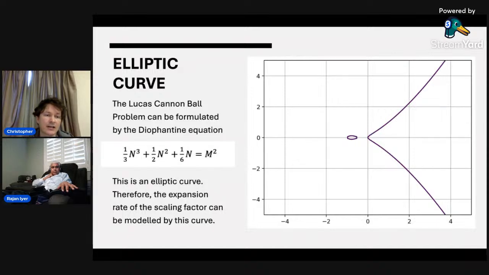Luckily, that already exists because we have the Diophantine equation here, which can be expressed as an integer solution. But this is also an elliptic curve, or this is the elliptic curve solution to the Diophantine equation, I should say, and when we plot it we get this, which is a smooth and continuous curve.